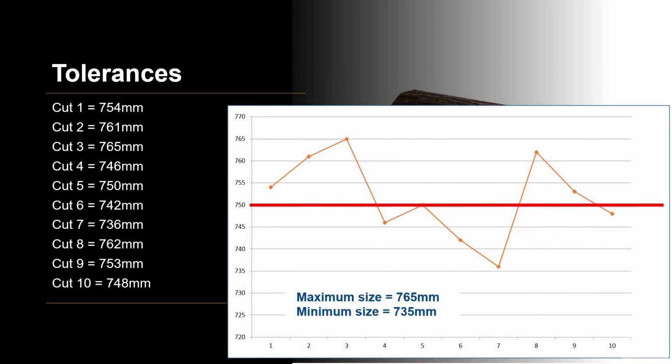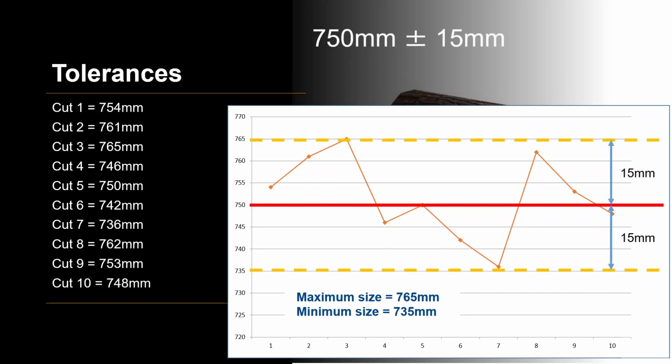If we plot those lengths on a graph like this, we will see that the maximum size is 765mm and the minimum size is 735mm. Those maximum and minimum are both 15mm either side of the 750mm line. So we can express that by writing 750mm plus or minus 15mm.